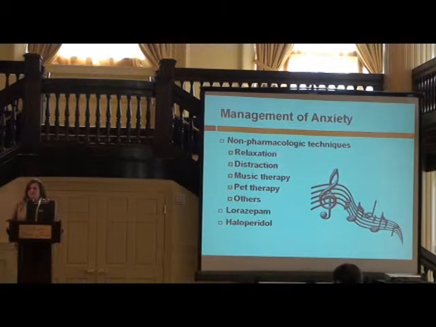Anxiety is something that really goes hand in hand with pain management. We see both spectrums here. There's a lot of reasons for patients to be anxious, either because of their diagnosis, their pain that they have, they're worrying about things with their family, just a lot of stuff going on. And really, we try to think about some non-pharmacological techniques here.